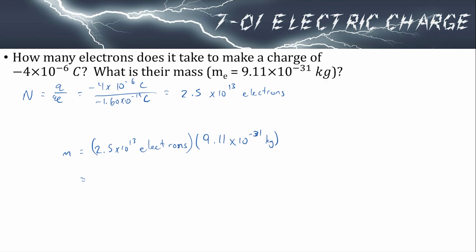And we get 2.28, if we round, times 10 to the negative 17 kilograms. That's very tiny. A lot of electrons, but very tiny mass.